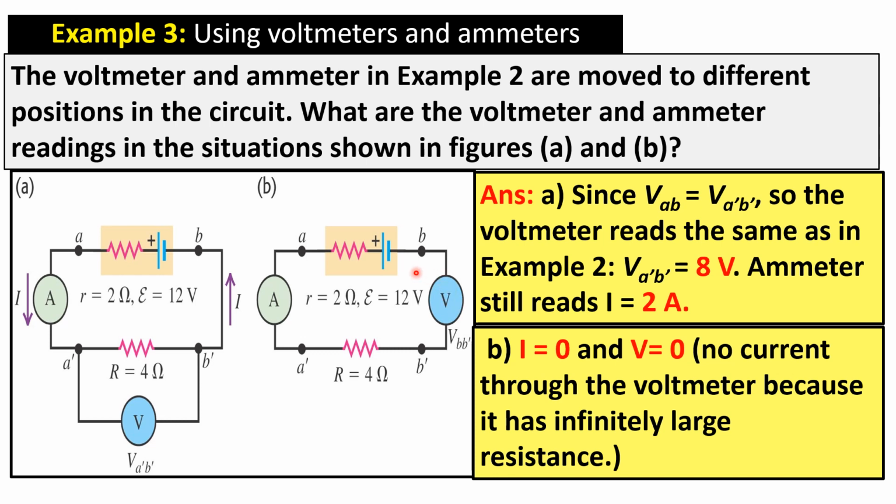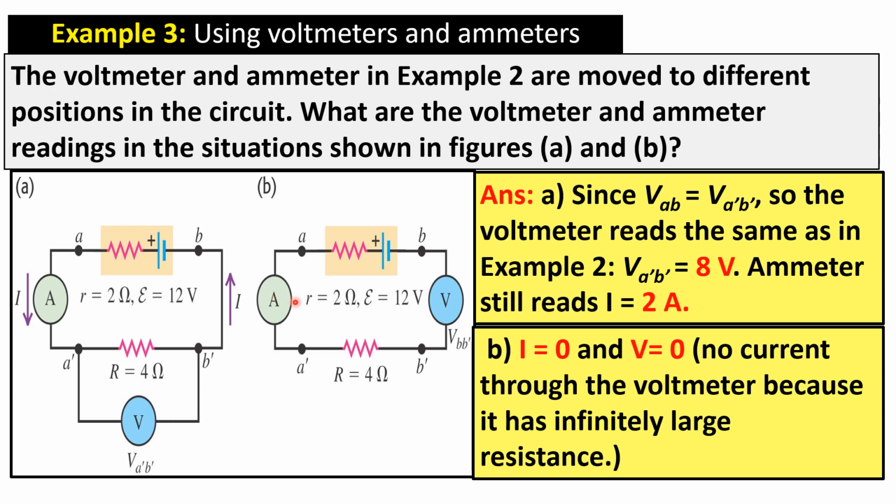Therefore, whatever current is moving around the circuit may not be able to pass through this voltmeter because it has a very, very high resistance. In short, there will be no current in the circuit. So, I is equal to 0.